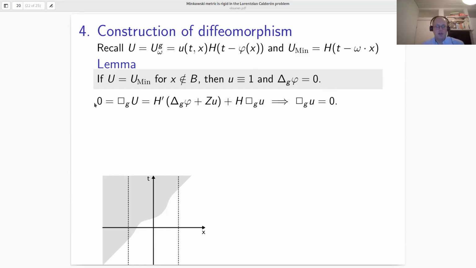Okay, so the lemma begins with a simple computation. We know that this U satisfies the wave equation. That's the first step. Then you just compute how the wave operator acts on this product.